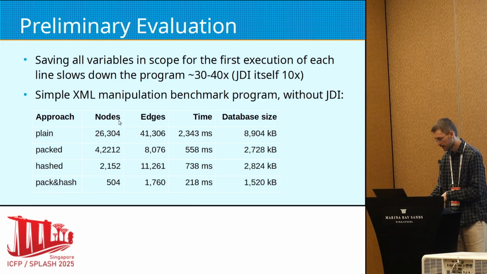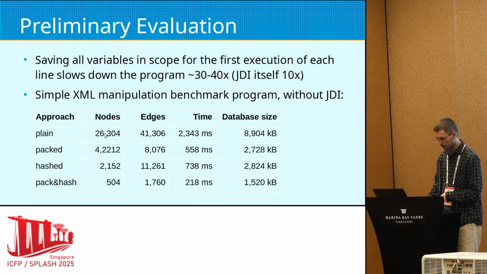You can see that the number of nodes dramatically reduced. This is like a 50 times reduced number of nodes, a 20 times reduced number of edges, and more than 10 times improvement in the insertion time into the database. So this is really a drastic improvement when you compare the plain approach with our packing and hashing. So this really helps with scalability.